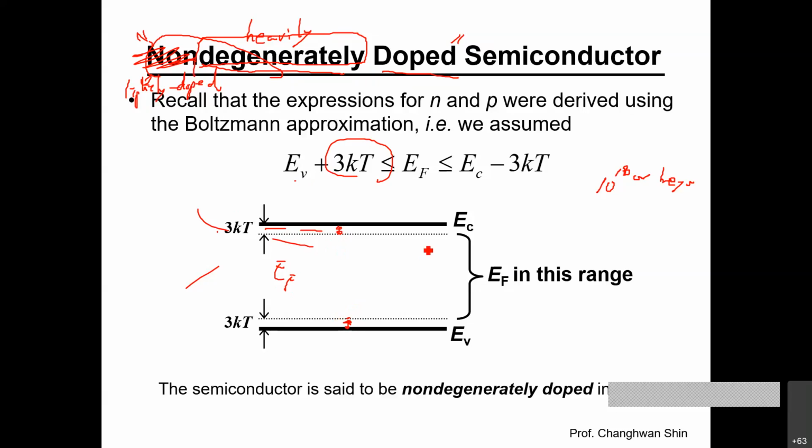But this lecture note and textbook say the Boltzmann approximation is only valid when the Fermi energy level is placed in this range. So when the Fermi energy level is in this range, we can use the Boltzmann approximation, but we cannot use it for all doping concentration ranges.